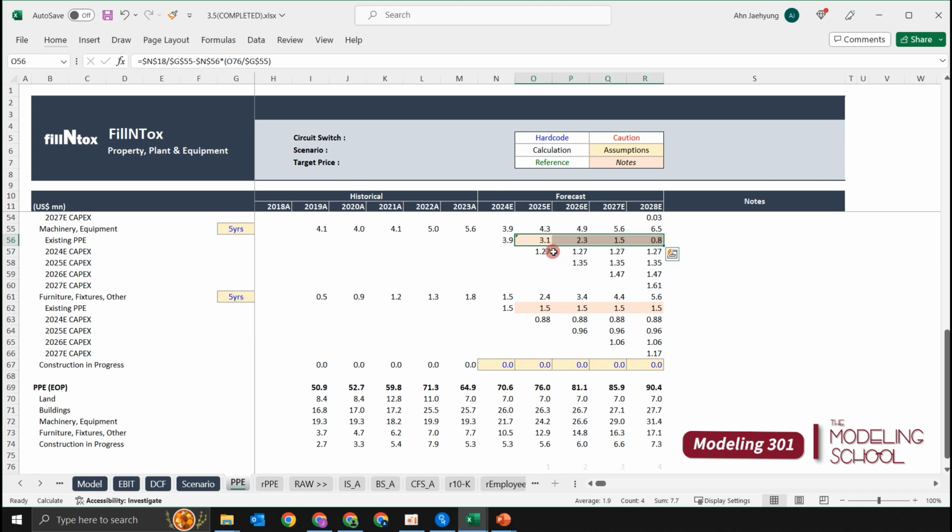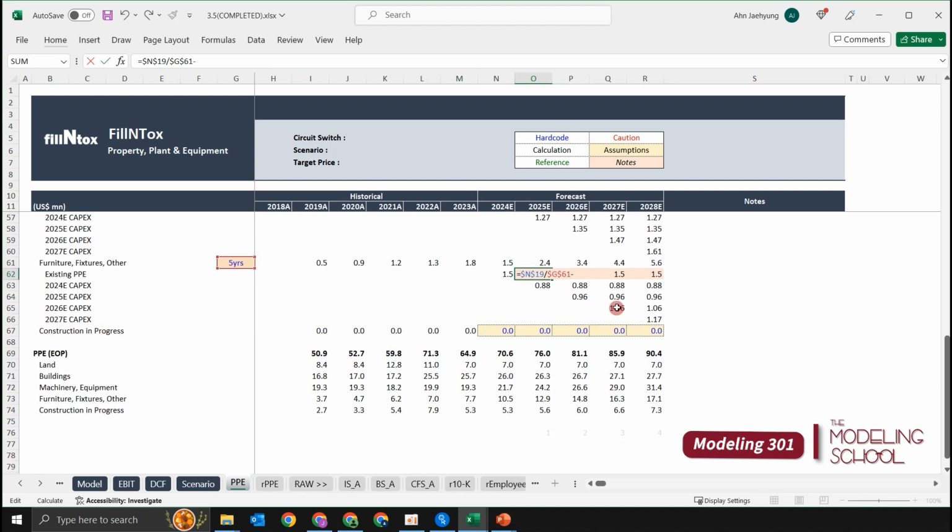Let's shift it to the right. And we can see that slowly existing PPE depreciation amounts decline. Let's do a similar job here as well. Minus previous year's total depreciation, F4, times 1 divided by useful life of 5 years, F4.